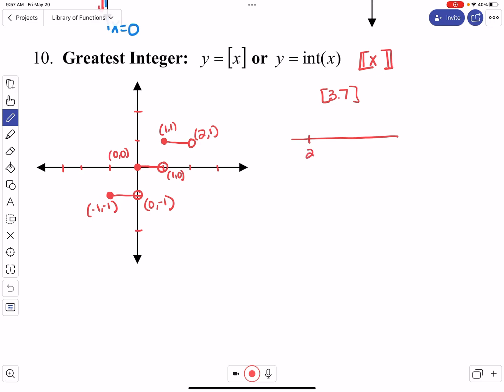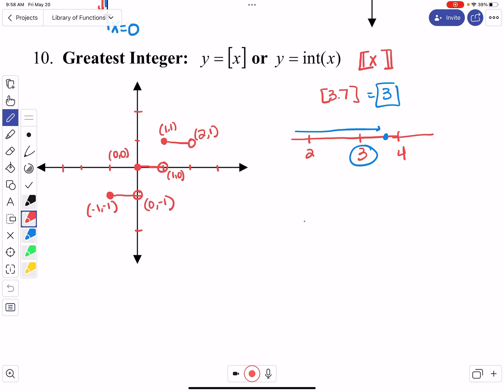So if I do my number line, okay, so 3.7 is going to be somewhere right there, okay? So think about as you're approaching 3.7, as I approach it, what is the greatest integer that you pass? Well, the greatest integer is going to be 3, okay?